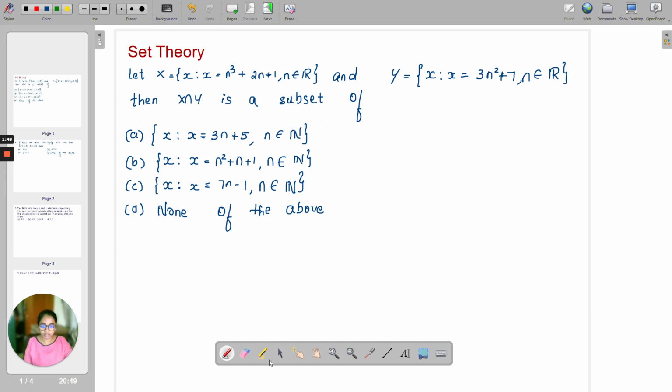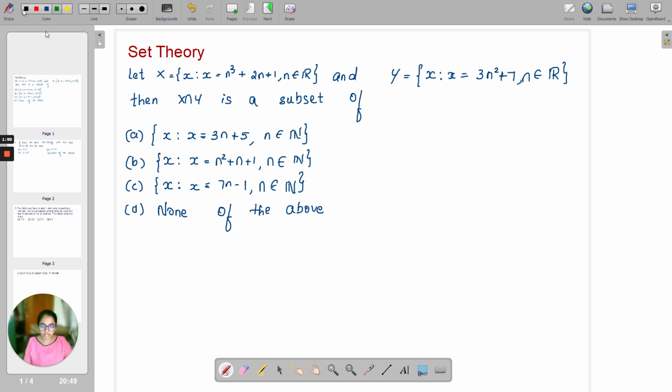To begin with, I start by saying x belongs to X intersection Y, and I'm writing n cube plus 2n plus 1 is equal to 3n square plus 7.